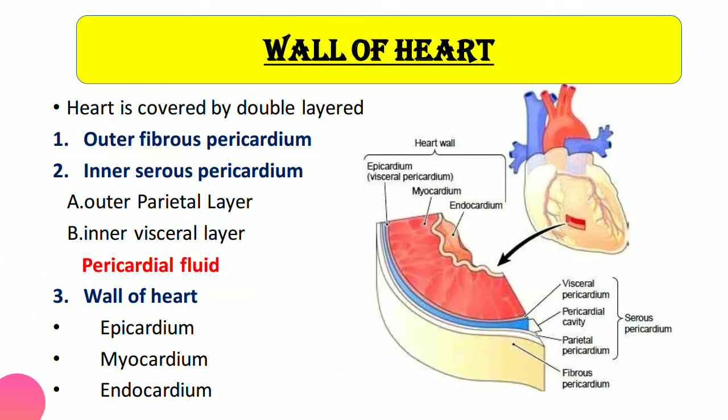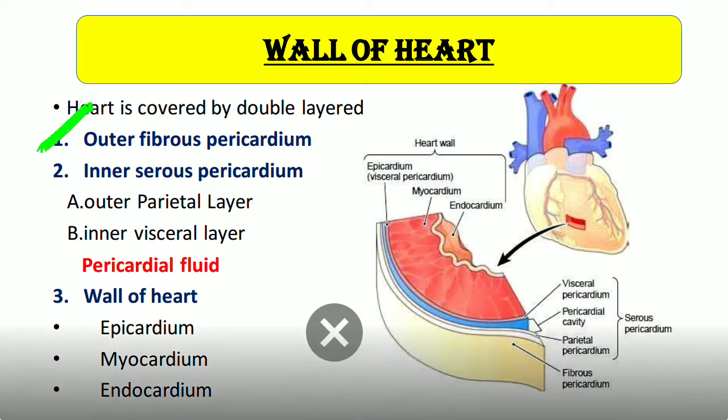Now coming to the next slide, the wall of the heart comprises two layers. You all know that the heart is a very delicate organ. As when we order something from Amazon or Flipkart, delicate things are always packed in very protective packaging, similarly the outer covering of the heart forms two layers: the outer fibrous pericardium and the inner serous pericardium.